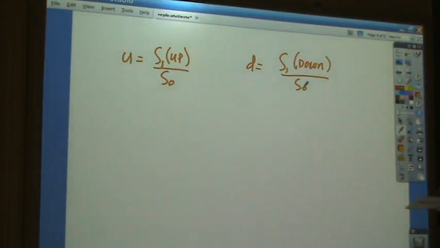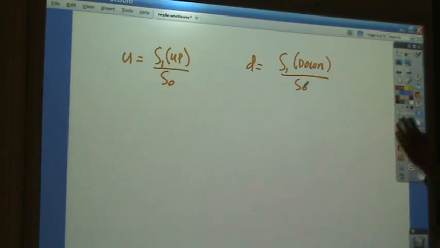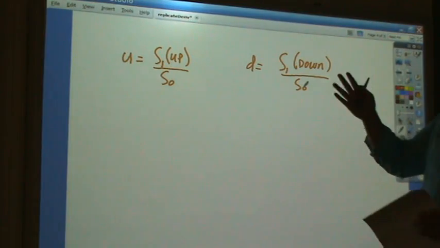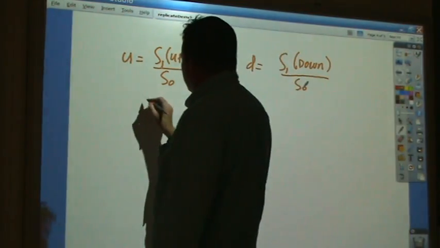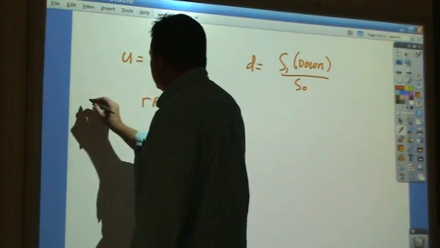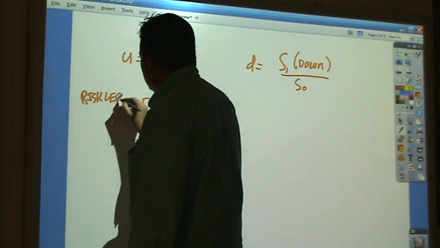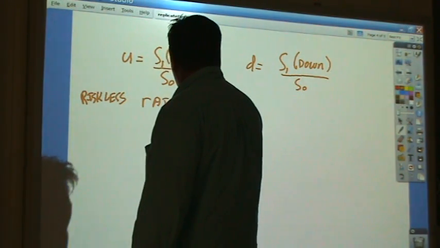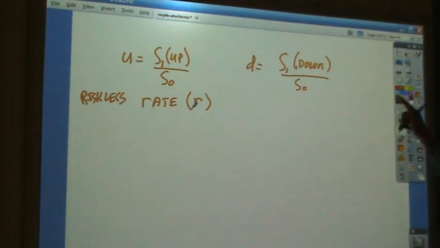Now, what if, hypothetically, there was interest between the two periods, time equals 0 and time equals 1? What if there was interest, a risk rate R? What's something we could say about U, D and R?